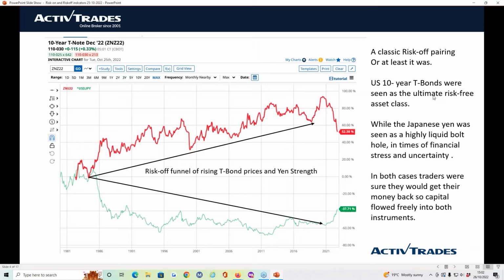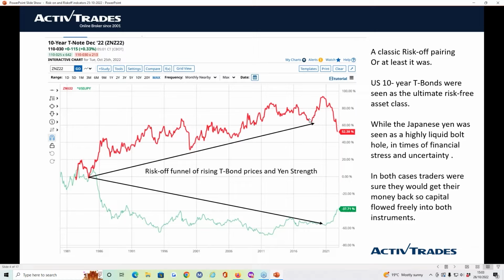And that was definitely the case when I joined the markets in the mid 80s, all the way through, as we can see, until 2018, 2019. But since then, I'm afraid things have changed. Traders used to be certain that they could get their money back from either an investment in T-bonds, 10-year notes, or putting their money into dollar yen.